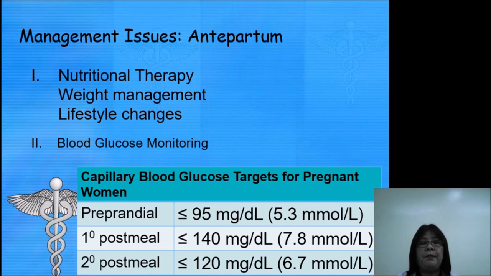Wherein our preprandial or fasting should be less than or equal to 95. First hour, less than or equal to 140, and second hour less than or equal to 120. These will be our targets after we advise your patient on adequate or correct nutrition.